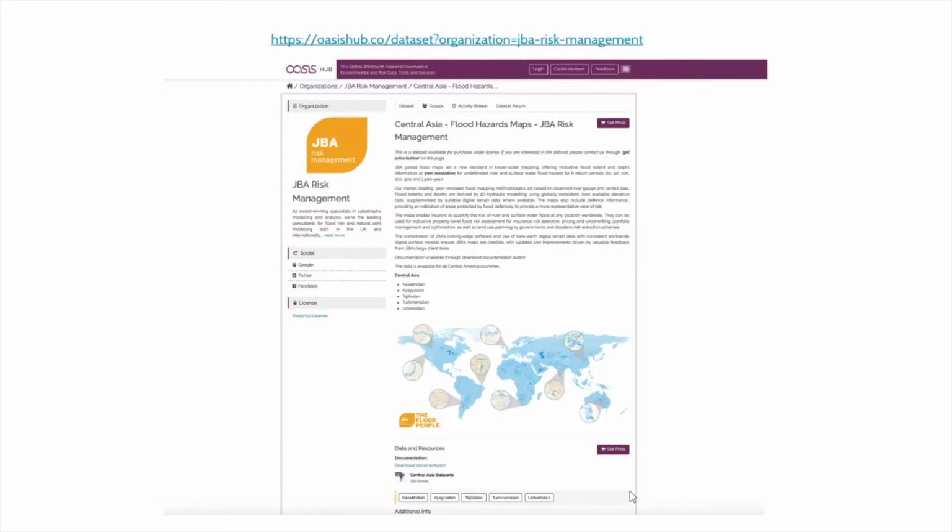This data set had already been generated using population projections. The data set we used was the Gridded Population of the World, version 4, from CIESIN, the Center for International Earth Science Information Network out of Columbia University. So that's how we got to the 2 billion figure. Thanks, John.